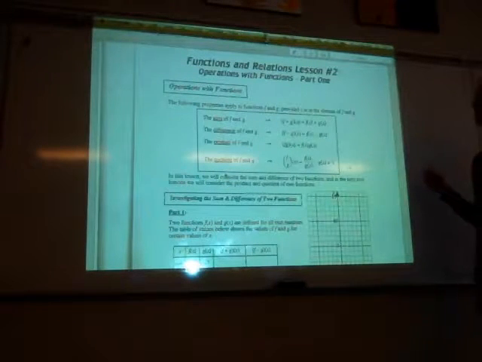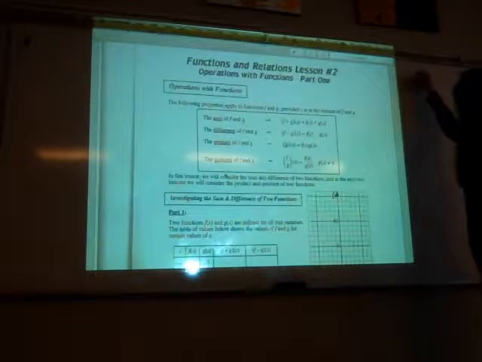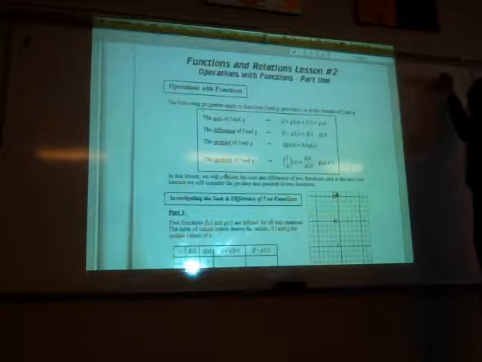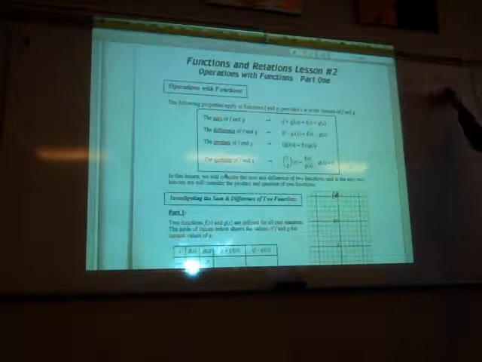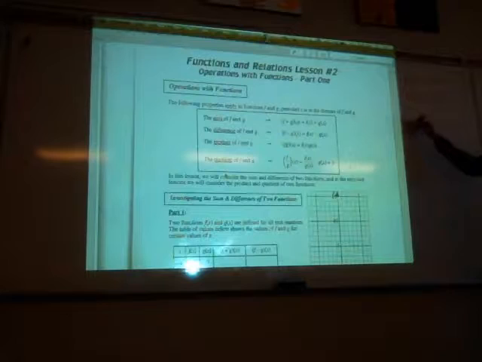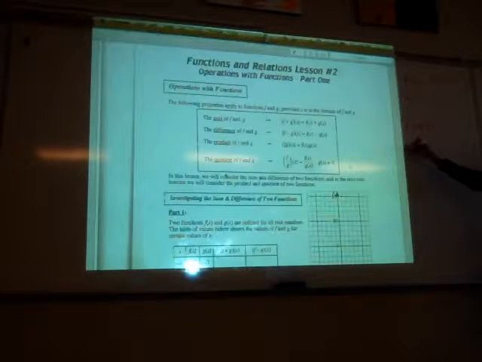Okay, so for example, if I had f of x equals 3x plus 1, and g of x equals 2x. Okay, if I said complete the following, it basically means the same thing as taking f of x, and I'm going to add it with g of x.